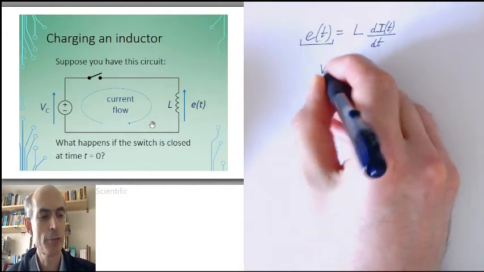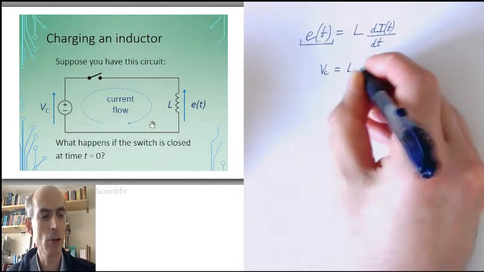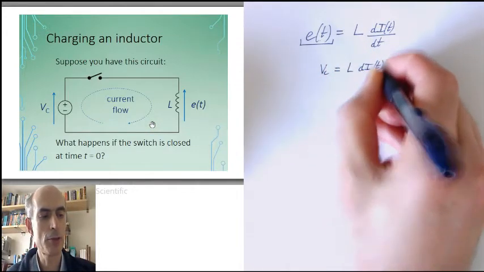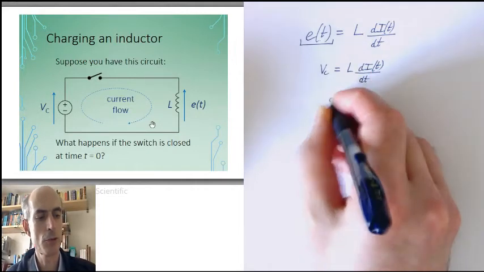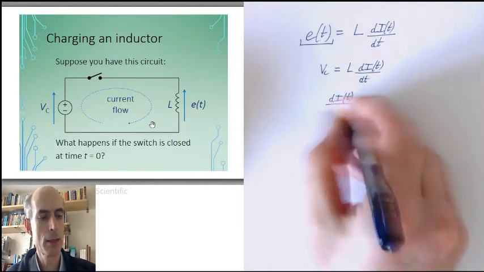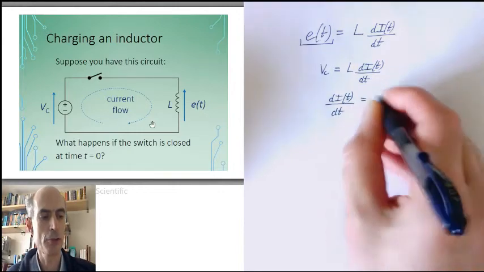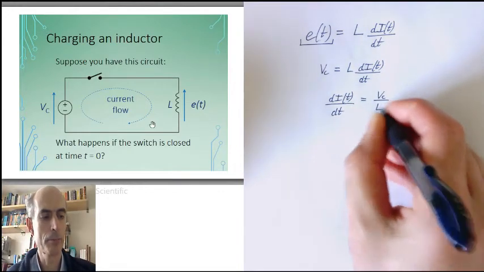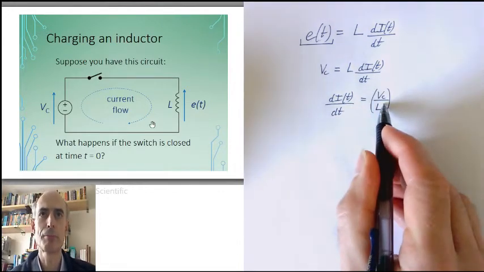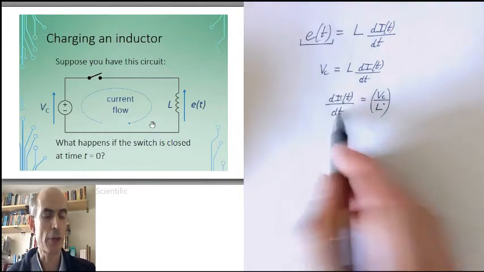So I could write Vc equals L di dt. In other words, di dt is just equal to the constant Vc over L. That's a constant, which means that the rate of change of current is constant.